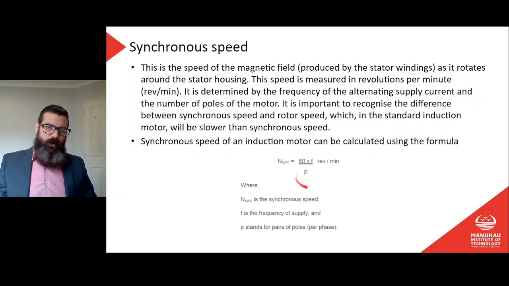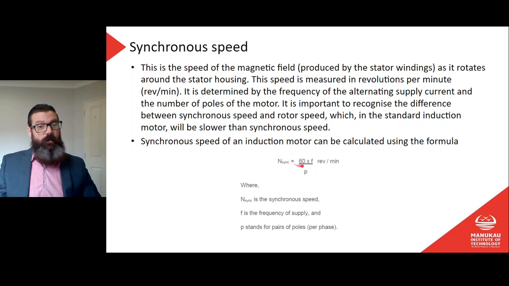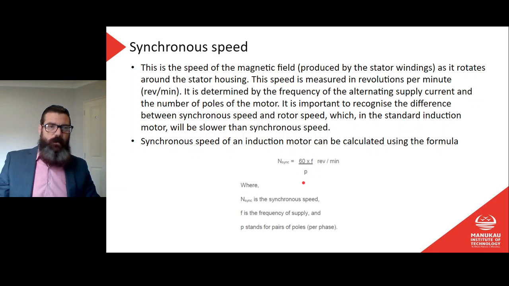So that number at the bottom, pairs of poles, will be 1, 2, 3. So we have a limited number of motor speeds, because the number at the top will always be 3,000. So we're going to have 3,000, 1,500, 1,000, 750. Those will be our standard speeds.